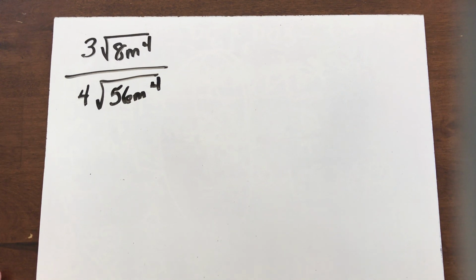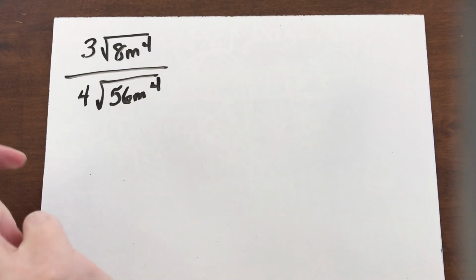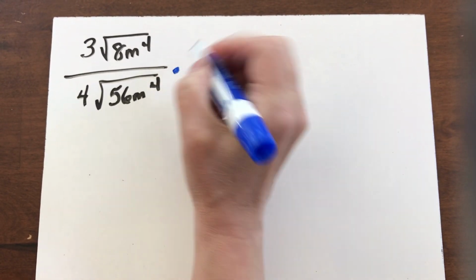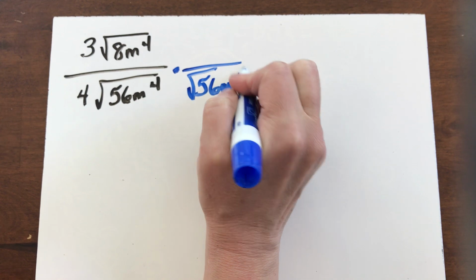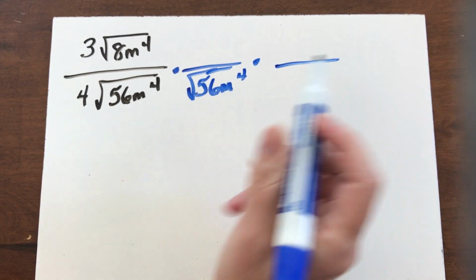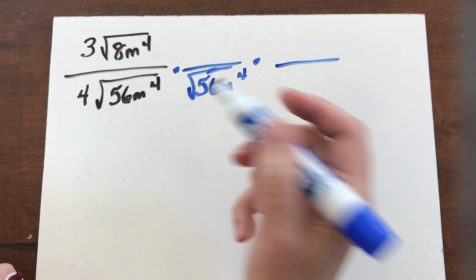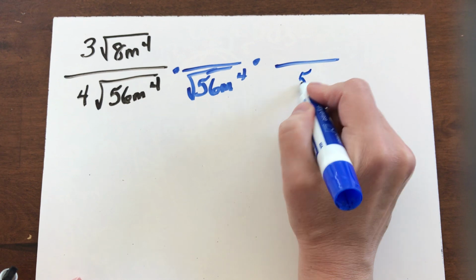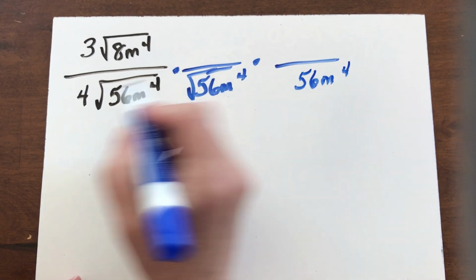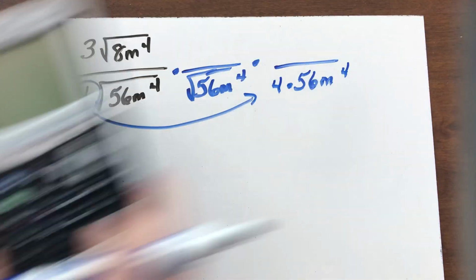All right, so what I need to do is I need to multiply by my radical to get rid of it. So don't worry about the 4. I'm just going to multiply by the square root of 56m to the fourth, which I'm going to jump my shortcut because I don't want to multiply 56 times 56, and m to the 4 times m to the fourth will be m to the 8, excuse me. So what just basically happens is you pull out 56m to the fourth, and this guy comes in front, and you're going to multiply it together.